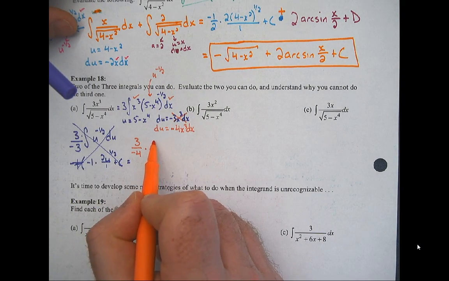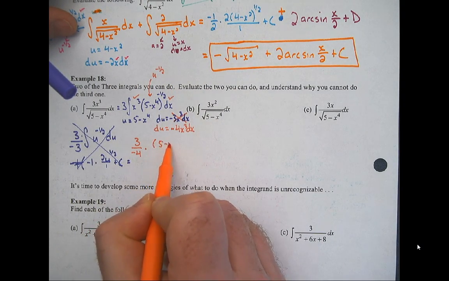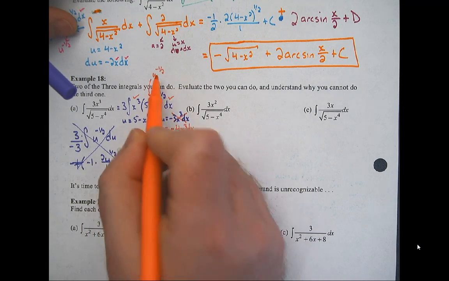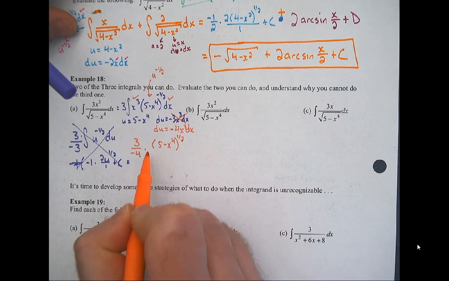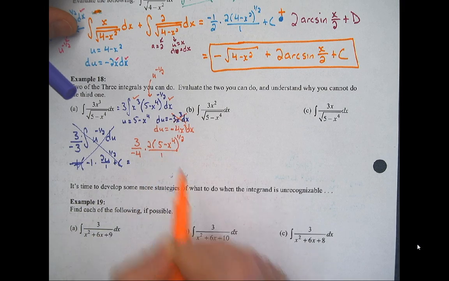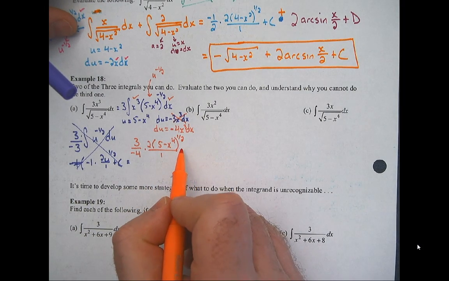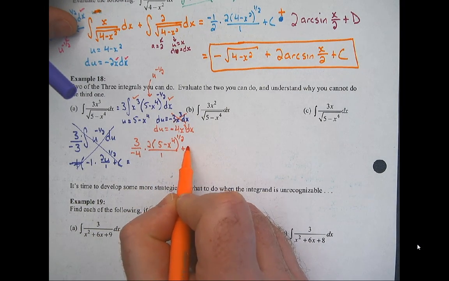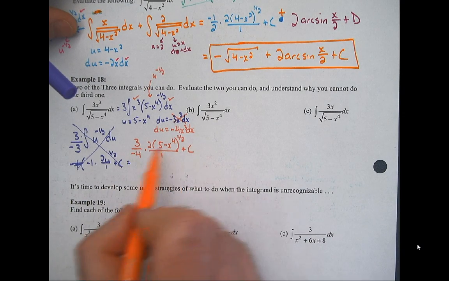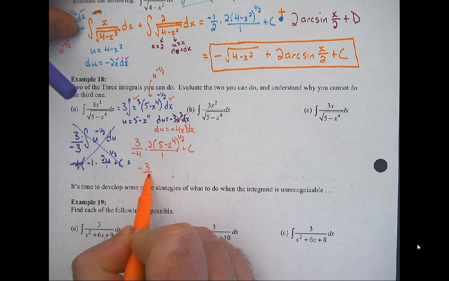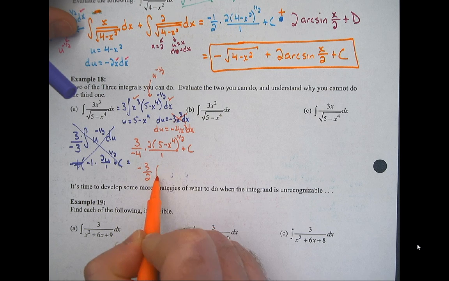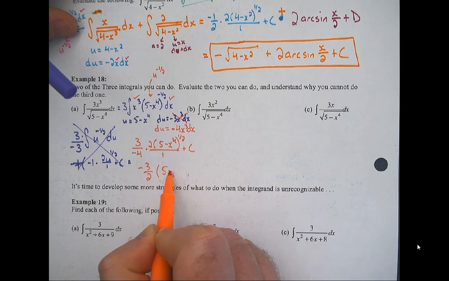So our something was 5 minus x to the 4th, to the 1/2, divided by 1/2 plus c, which I can then now start to clean up. Negative 3/2. I'm going to just leave it in parentheses.